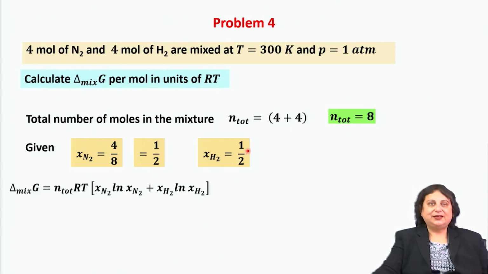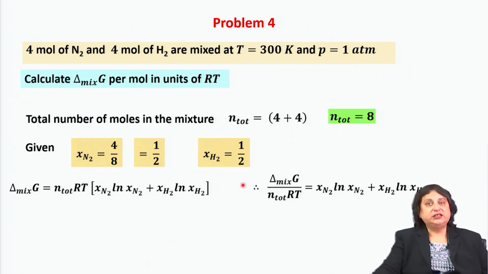So, I will go ahead and write down and try and evaluate delta G mix. But here there is a little catch. I need to know delta G mix per mole of the mixture in units of RT. So, the quantity that I am supposed to find out is actually delta G mix by N tot by RT.